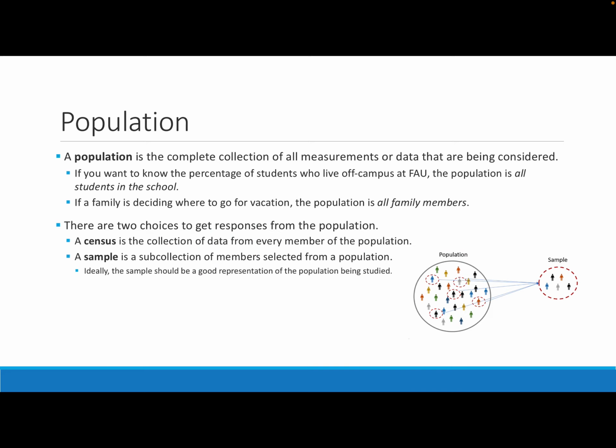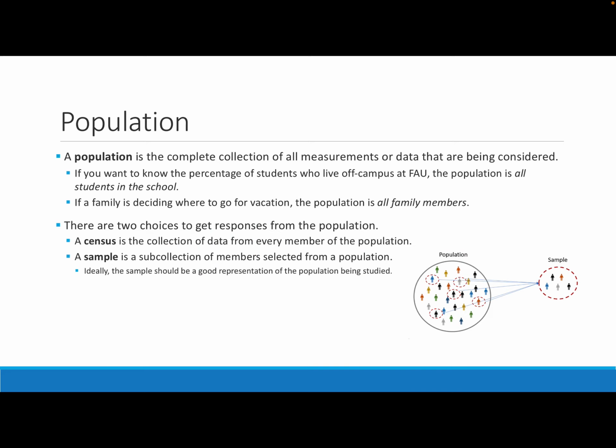In another example, if a family wants to go somewhere for vacation, and different members have different opinions. Someone wants to go to Hawaii, someone wants to go to Alaska or California or some other places. So each one has a response, and the population is all family members. Everybody has their own ideas.